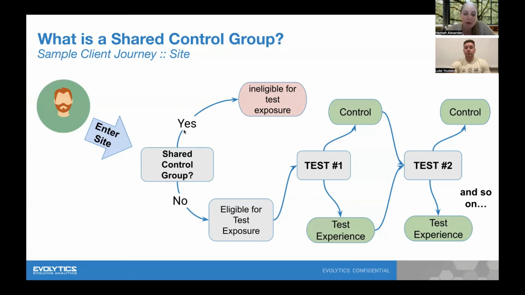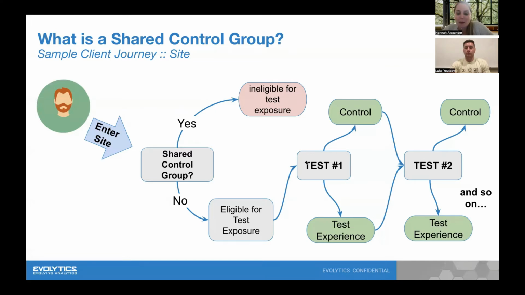At this point, the candidate is deemed either a member of the shared control group or not, and there should not be bias in this selection. If they're established as a member of the control group, they will be ineligible for test exposure for a designated period of time. If they are not a member of the shared control group, they are eligible for test exposure.